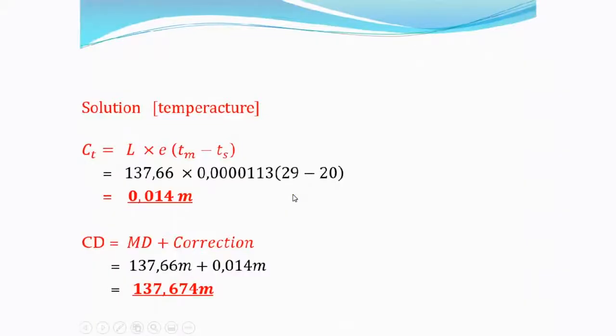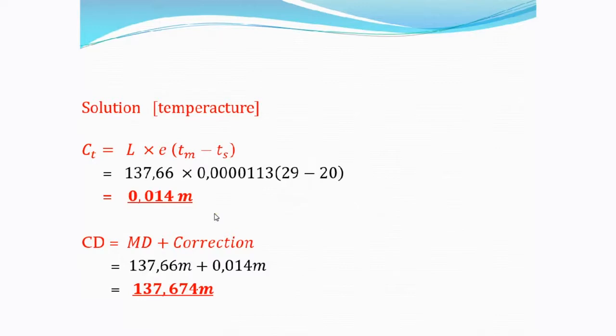Okay, let us look here at the solution. We've got the correction due to temperature, which is length. We are told our length is 137.66 times the linear expansion, which is 0.0000113, times our measured temperature.